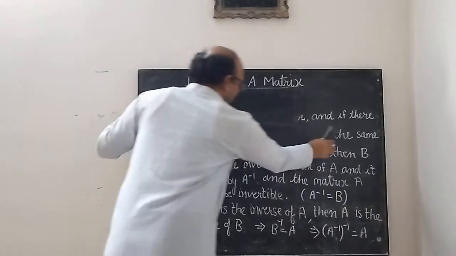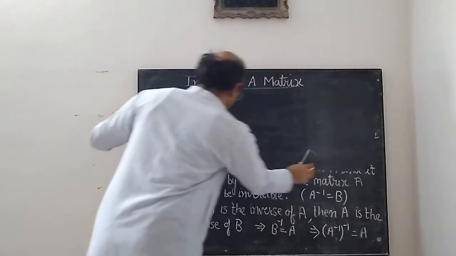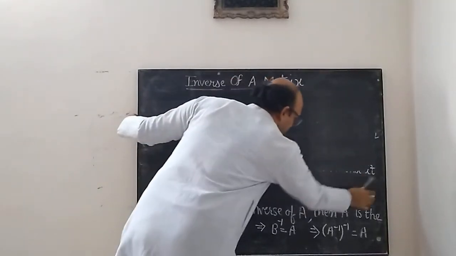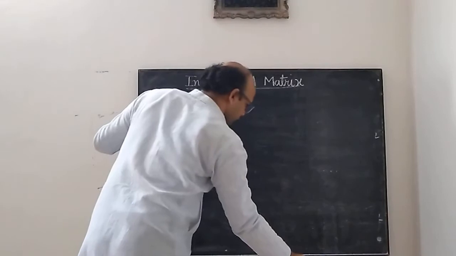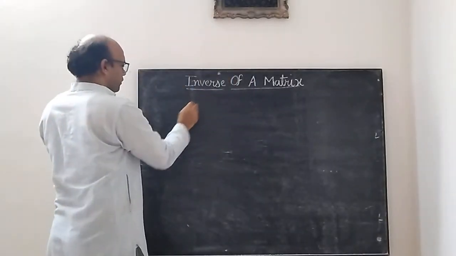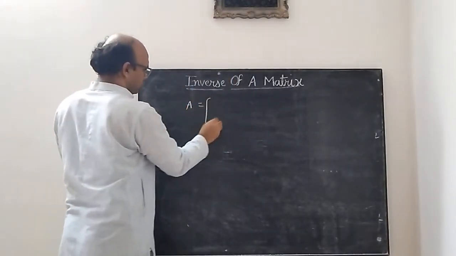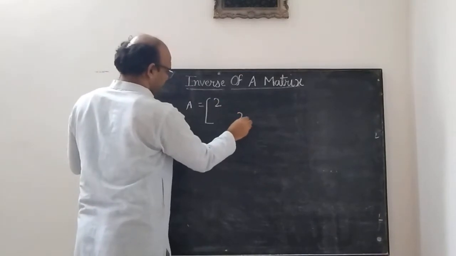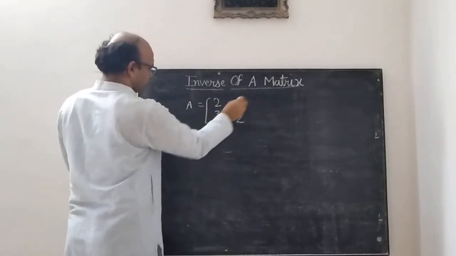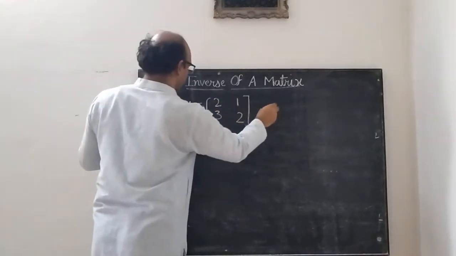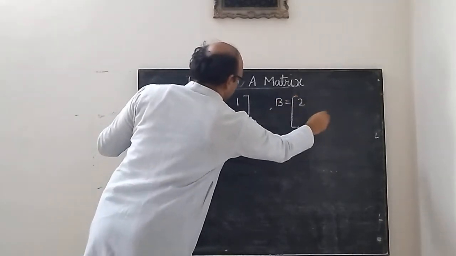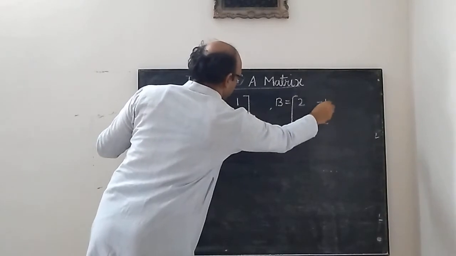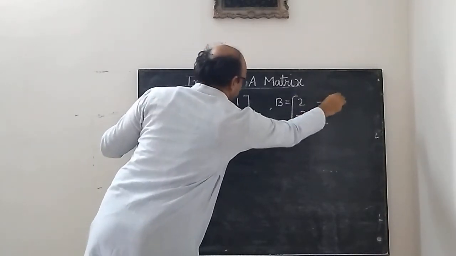Now we can take an example to clear out the concept. Suppose you have a matrix A and you have another matrix, say B. This is 2, this is -1, -3.